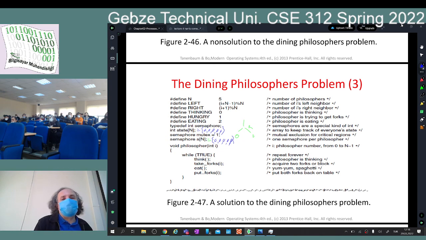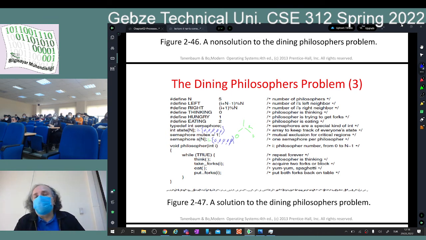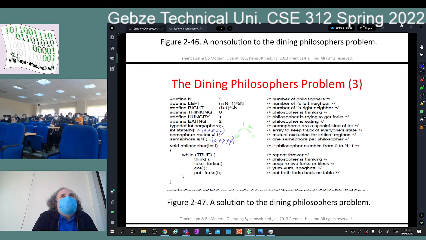It's actually a typical deadlock solution. And remember what I said about the deadlocks? The deadlock chapter is chapter number 6 or 7 or something. Whoever teaches operating systems is so interested in deadlocks, but in reality, Windows, Linux, Android, iOS, whatever operating system you can think of, we just ignore the deadlocks. We don't handle them.